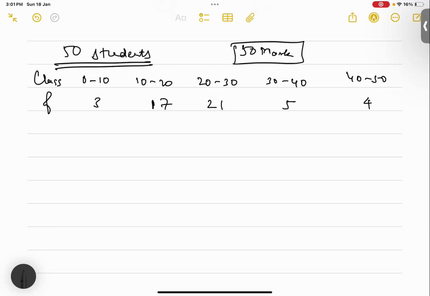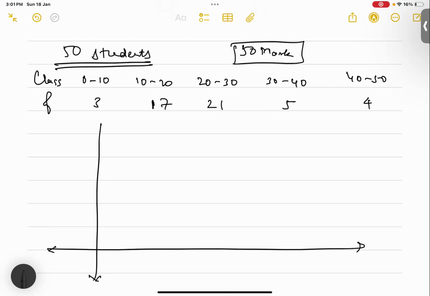This is an example for you to understand. Now I draw the graph for this frequency distribution: 0 to 10, 10 to 20, 20 to 30, 30 to 40, 40 to 50 on one axis, and 10, 20, 30, 40, 50.